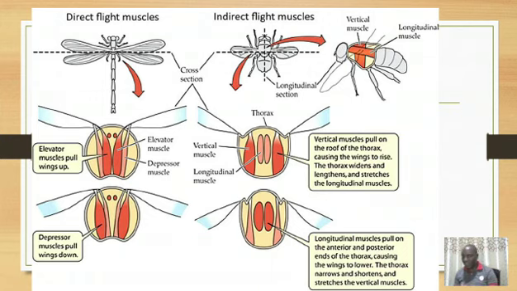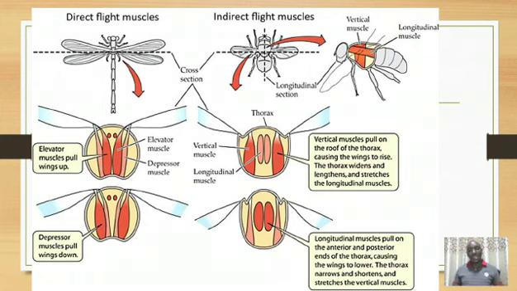Now we move to indirect. Indirect, they bring about movement of the wings indirectly. In other words, they are not attached to the wings directly. They are attached to the roof of the thorax, which we are calling the tagum. So they are attached to the tagum of the thorax.